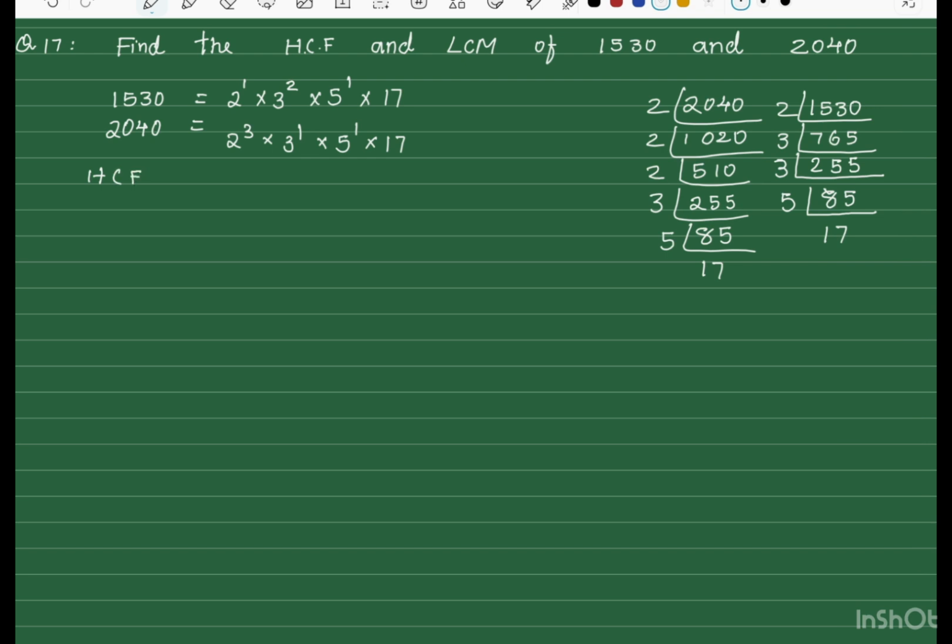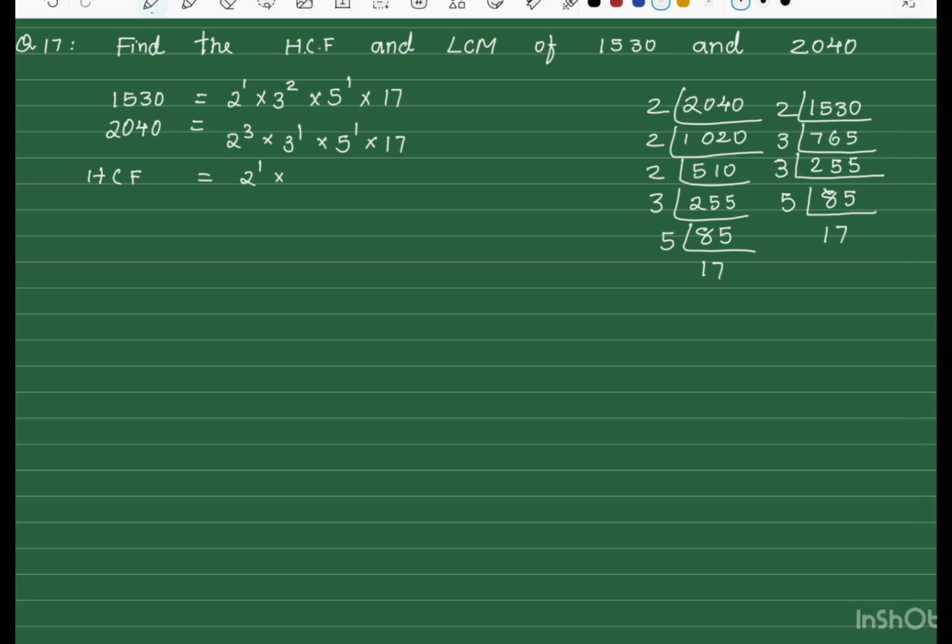So the HCF of these two numbers: the common factors are 2, 3, 5 and 17. Taking the least powers, 2 raised to 1 is the least.